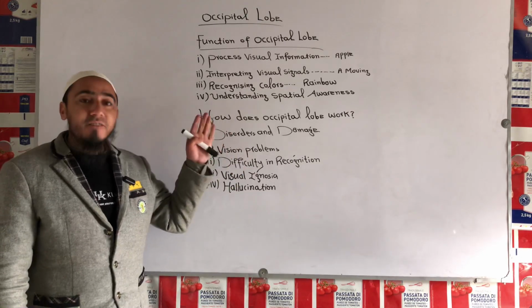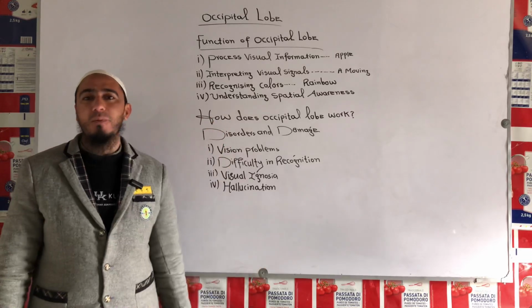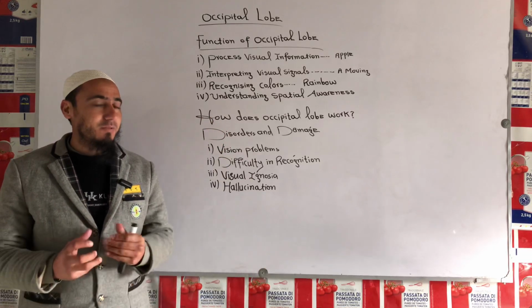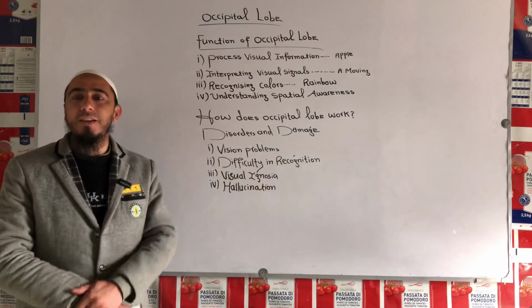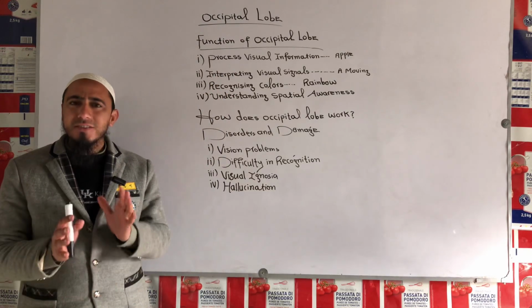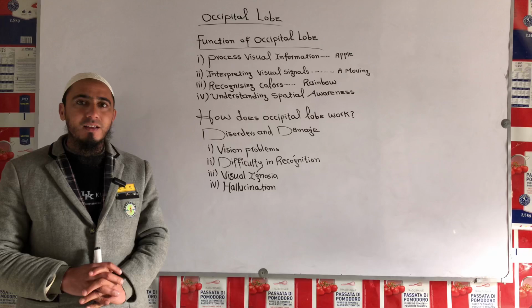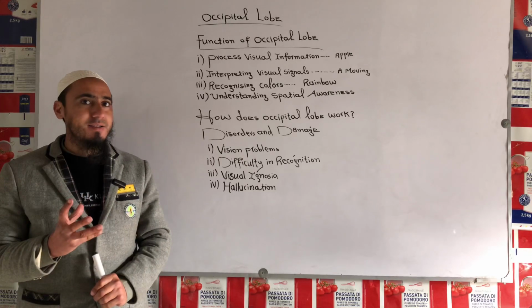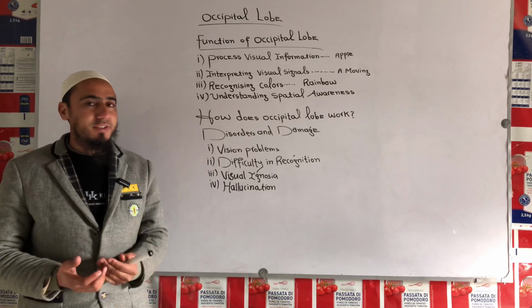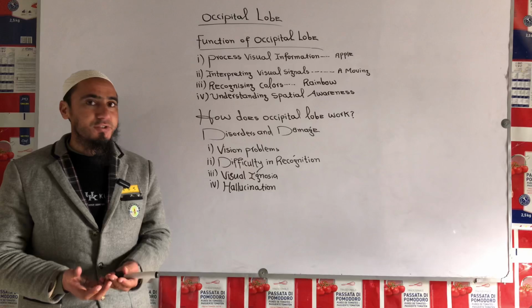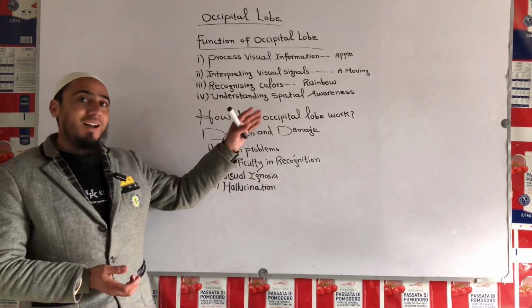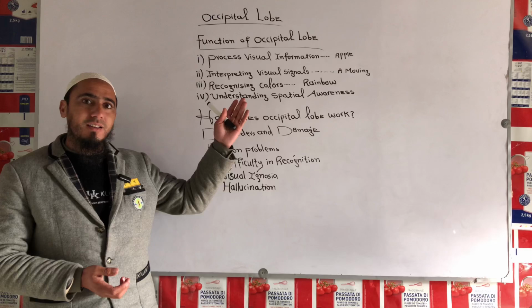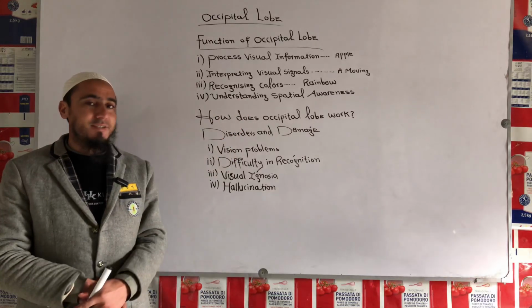The first and primary function of the occipital lobe is processing visual information. Processing visual information means that whenever our eyes capture images, it analyzes them.